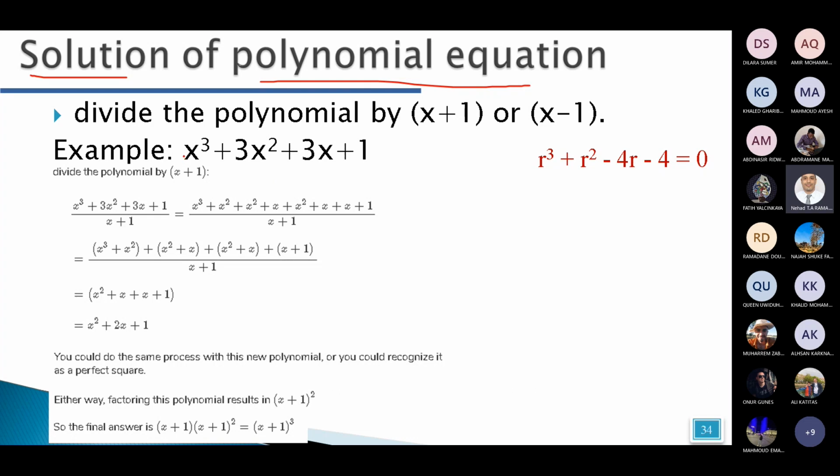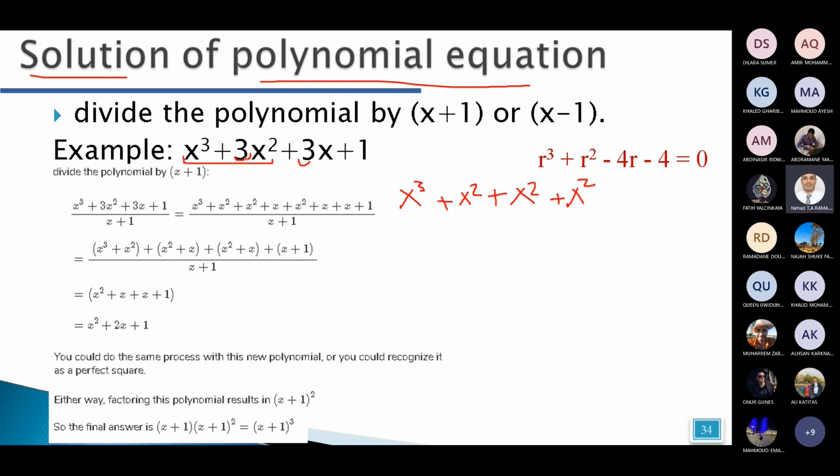Actually, if you try here to take x or 2 outside, you will not have x plus 1. So if you have x terms like this, try to handle each one separately. So I will write it as x power 3 plus x power 2 plus x power 2 plus x power 2.